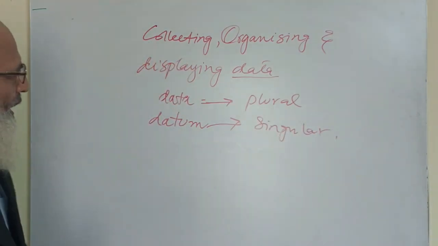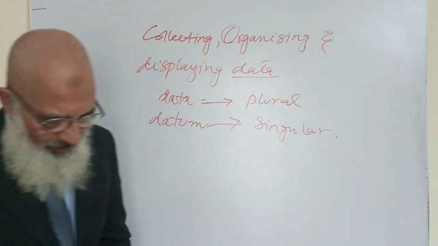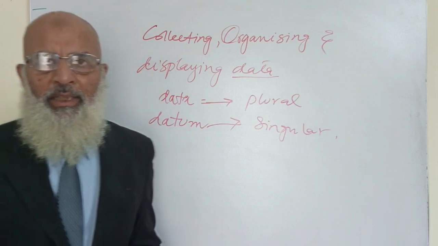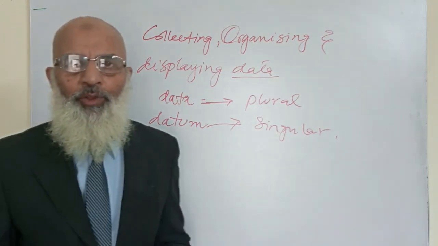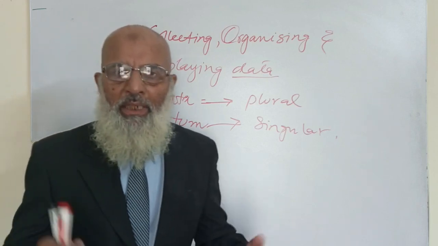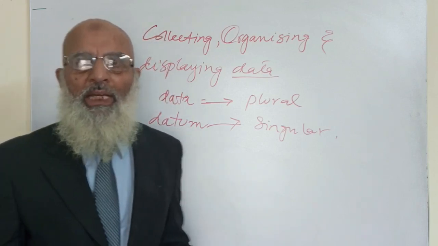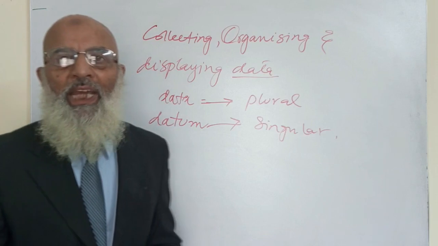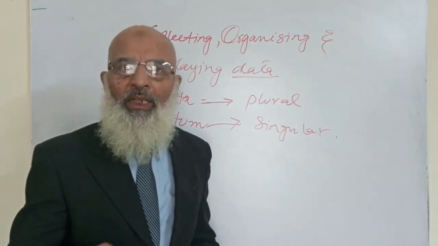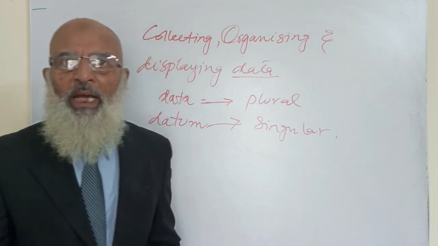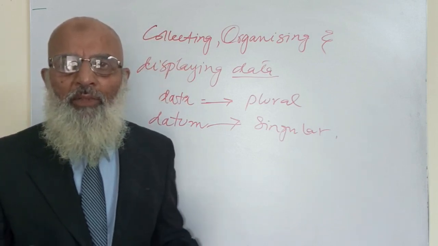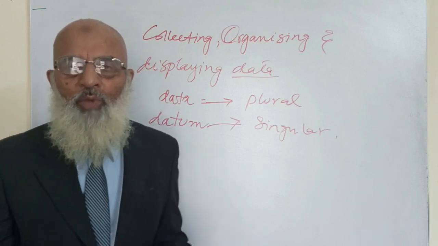Anyway, why do we collect data? From time to time we need to collect data. For example, we have to undergo the general election, so we have to find how many people are there in our country, how many people in one constituency, how many in one mohalla, or in one street.